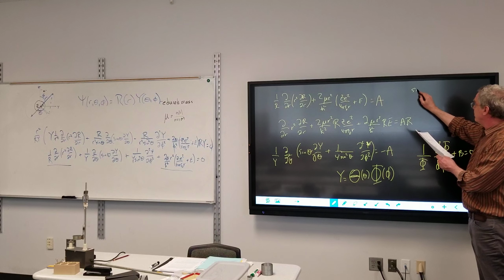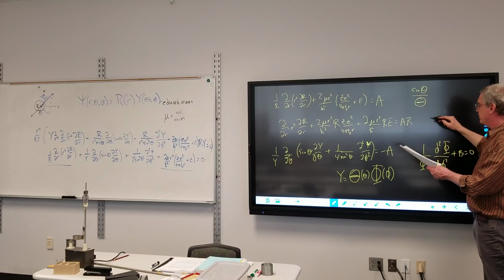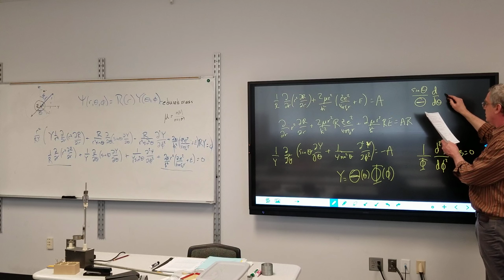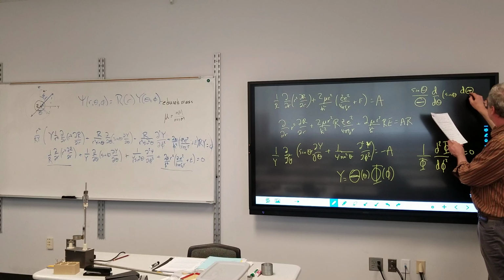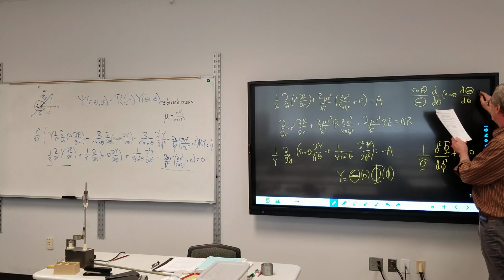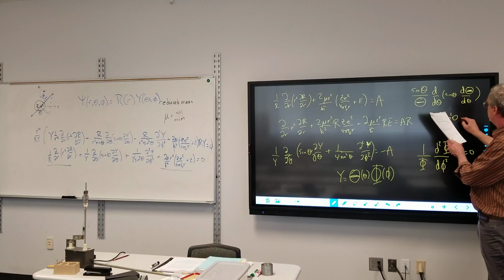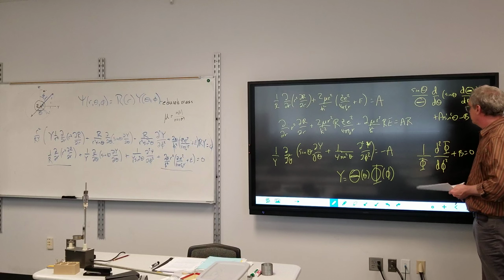So we have sine of theta over theta d theta sine theta d phi d theta, run out of room here, plus a sine squared theta minus b equals 0. So we now have 3 equations.